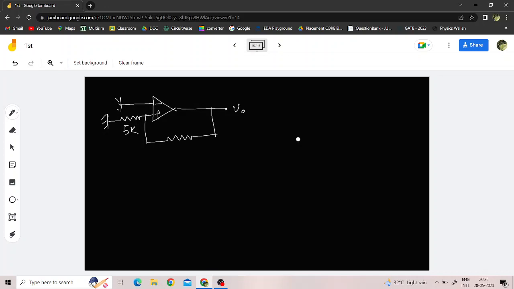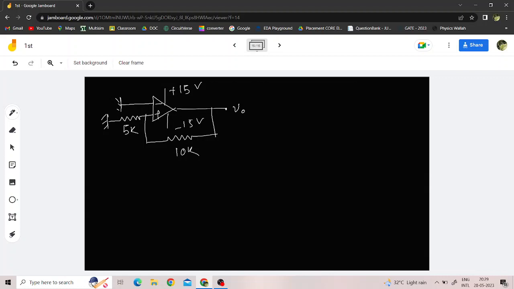Suppose this resistor is 10k and the op-amp is biased from plus 15 volt to minus 15 volt. Now as you can see, the op-amp is in positive feedback.